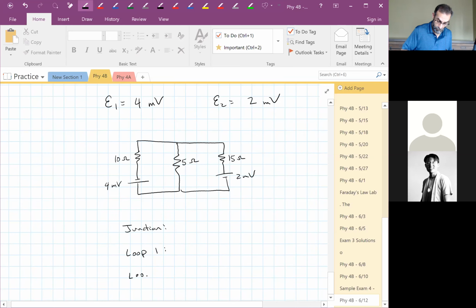I just plugged in the numbers here. Magnetic field times the length times the velocity. I gave you numbers for this problem. I know I don't usually give you numbers, do I? But I gave you numbers for this one.